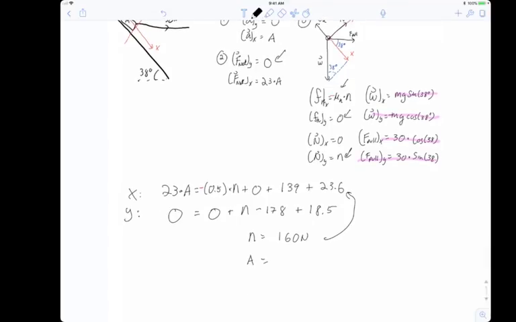So the acceleration is going to be 82.6 divided by 23. 3.6 meters per second squared. Alright, so the question asked how big the normal force was, and this tells us that the normal force must be this. And then based on the other things, you can tell that the acceleration has to be this. Pretty fun, right? I had fun. Nobody has any questions? Alright.